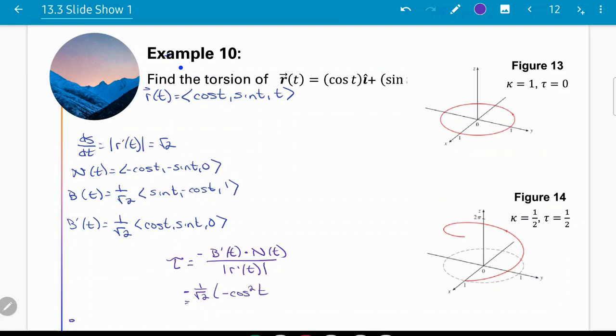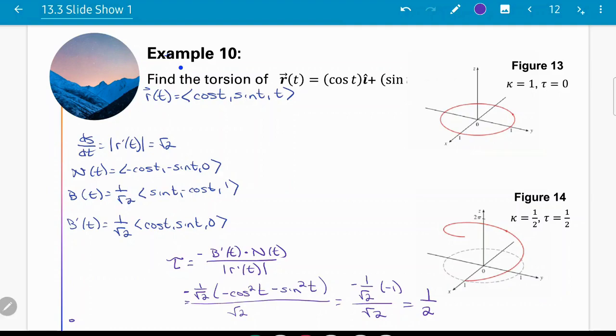Sine t times negative sine t is negative sine squared t, and then we have 0, and the magnitude of r'(t) is the square root of 2. And so this simplifies: we have negative 1 over square root of 2 times a negative 1 over square root of 2, and that simplifies to simply 1/2.